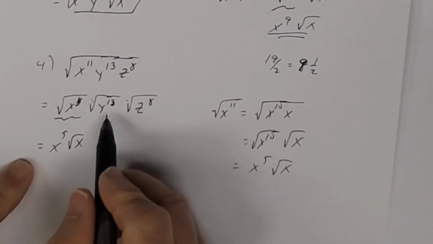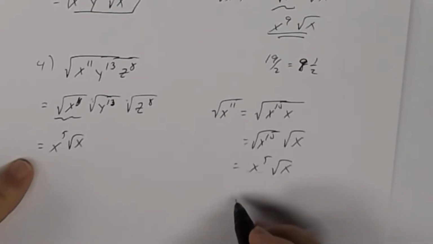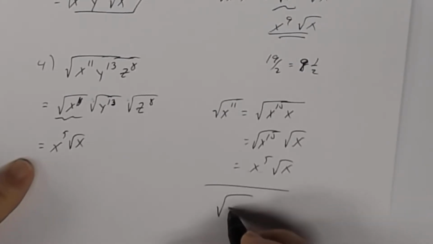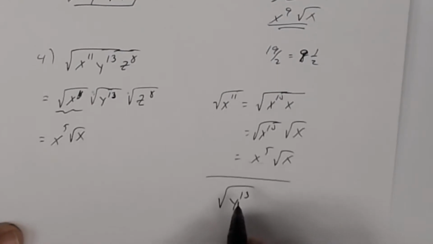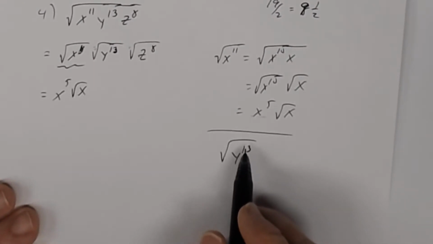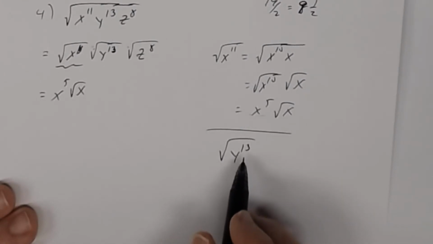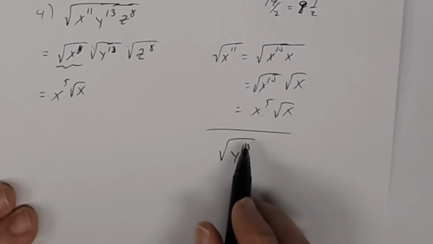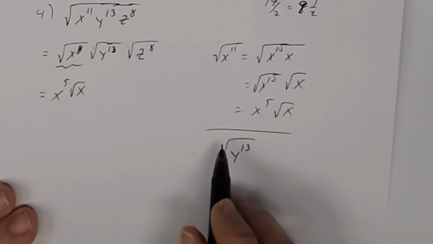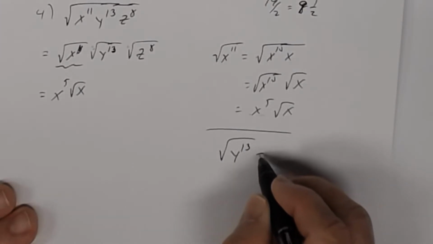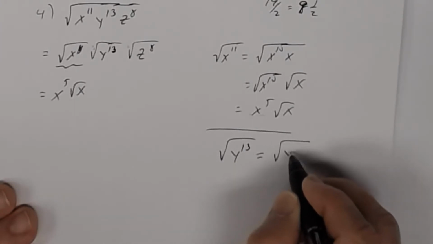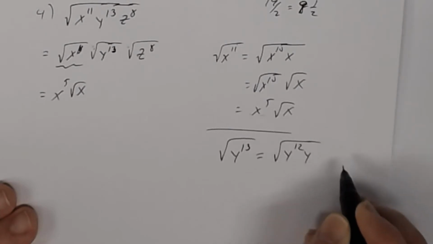Now let's talk about the square root of y to the 13th. Let's do the same thing. I can simplify that because 13 is greater than or equal to the index 2. So what's the largest integer less than 13 that's divisible by 2? The answer is 12. So I can rewrite this as the square root of y to the 12th times y.